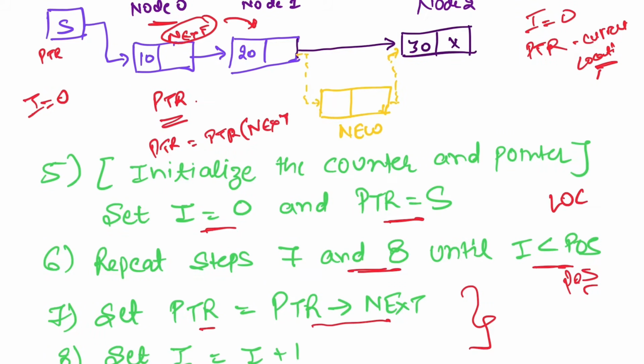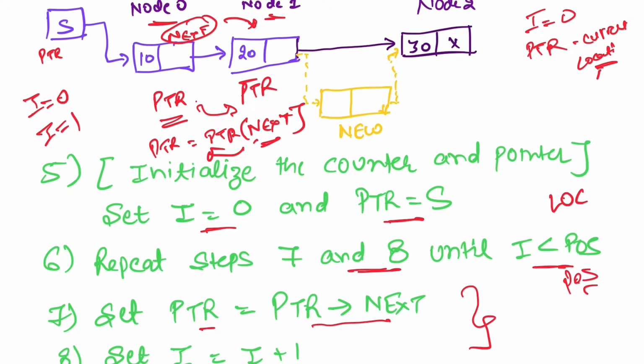It means I am saving the address of this next node 1 into my pointer and incrementing the counter. My counter becomes 1 once this loop has worked, and my pointer goes to here because the pointer has increased and gone to the next node. I have traversed and incremented my pointer.